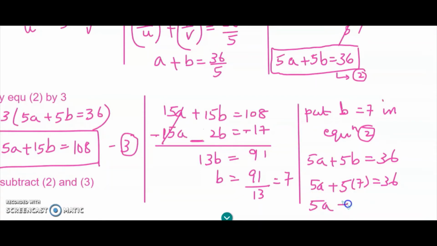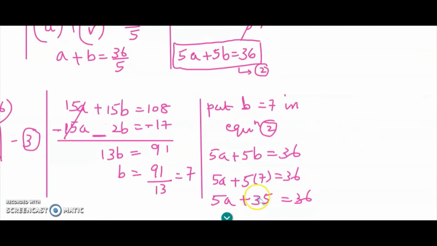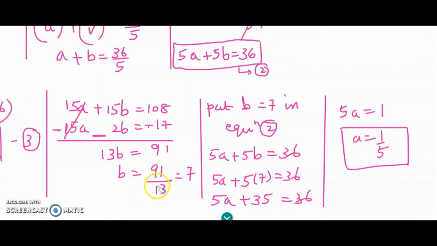So 5a plus 35 equals 36. So 5a equals 1, because 35 goes to the other side, and 36 minus 35 is 1. So a is 1 upon 5. So b was 7, and a is 1 by 5.